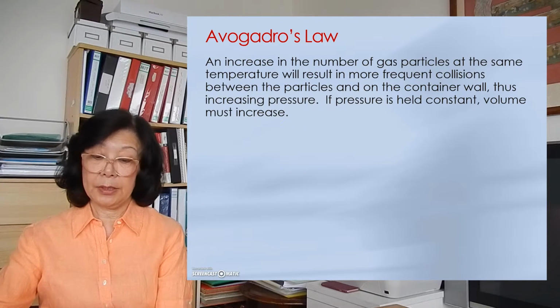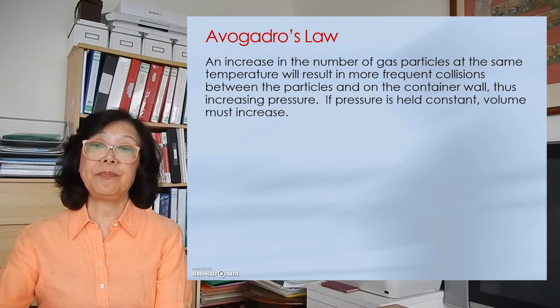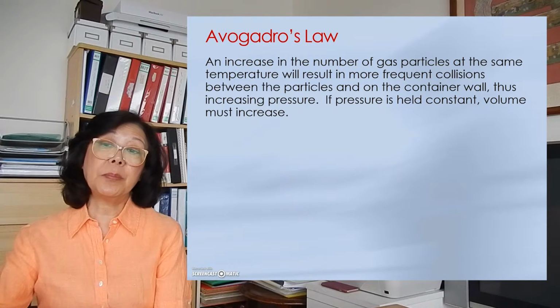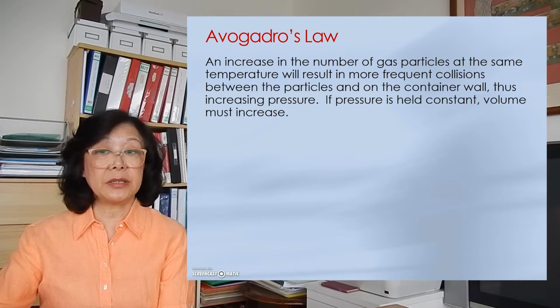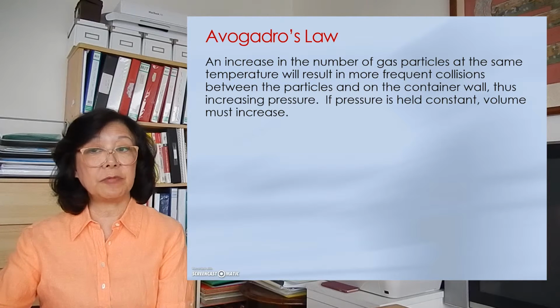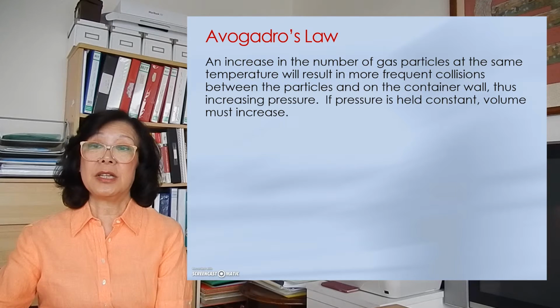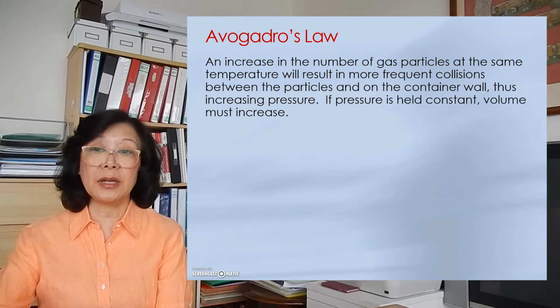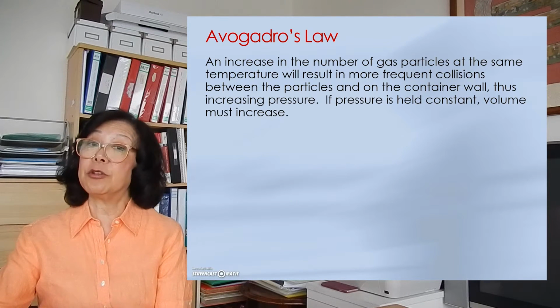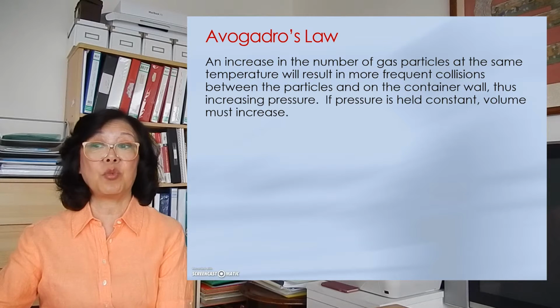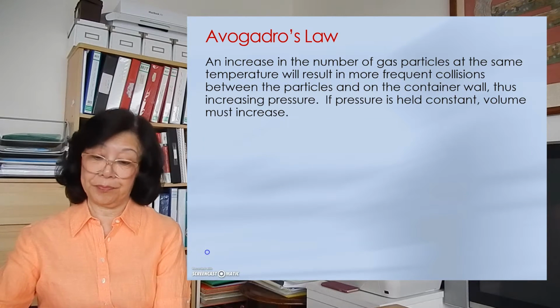Avogadro's law. If I have an increased number of gas molecules in the container at the same temperature, well, they will bump into each other more frequently, there will be more collisions, creating greater pressure. But if I do not allow the pressure to increase, then what has to increase? Volume.